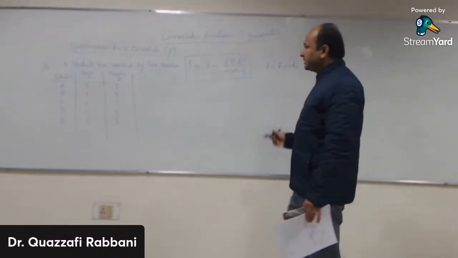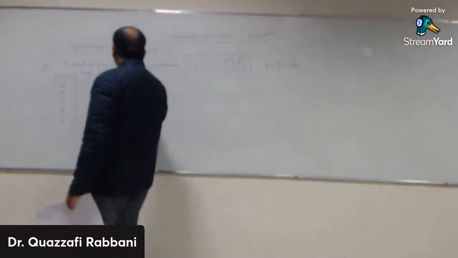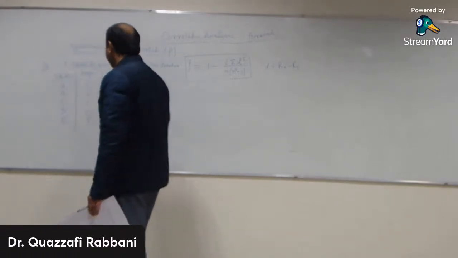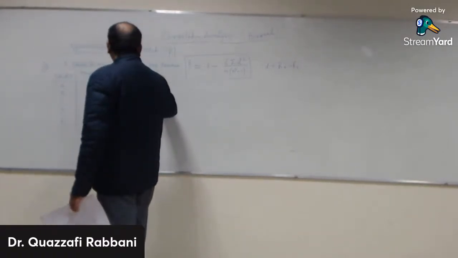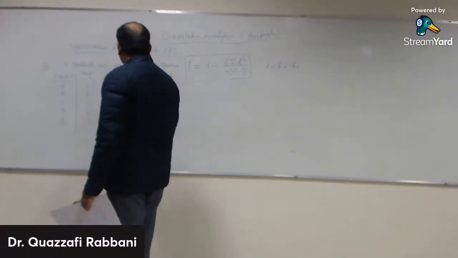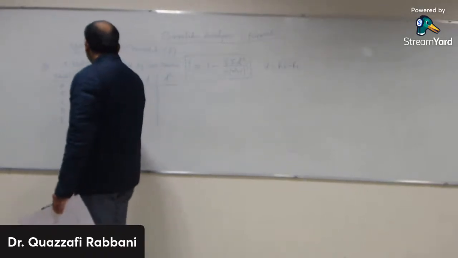So here we just find d. D is the difference of rank, and then d square.